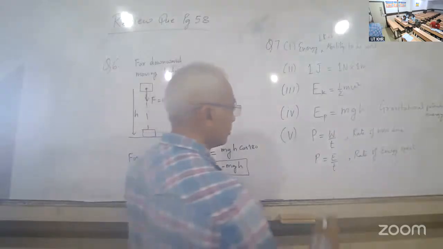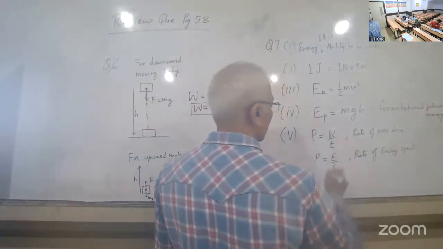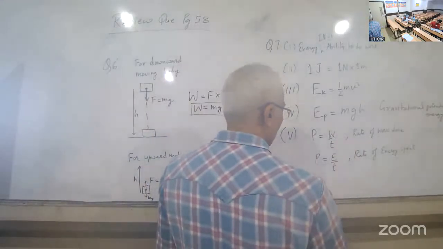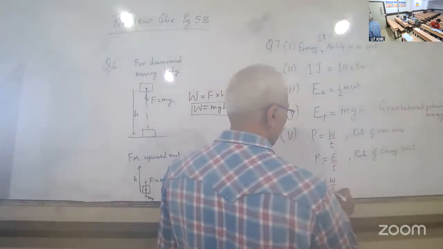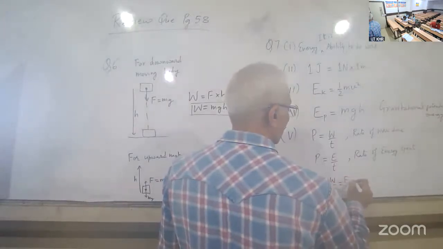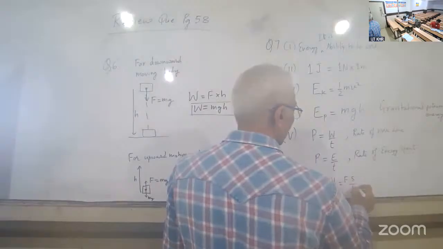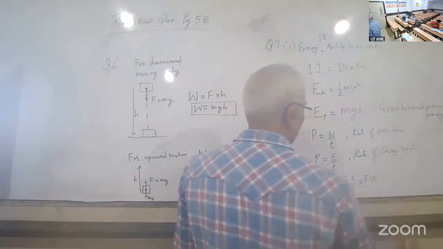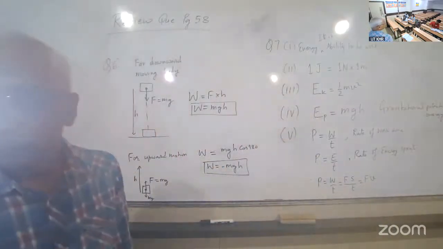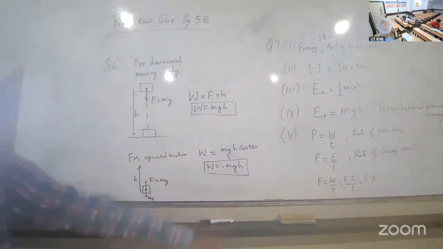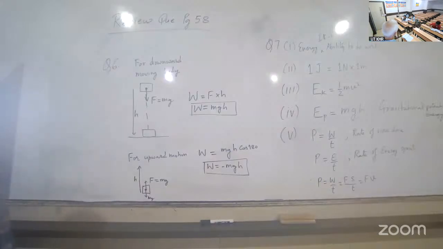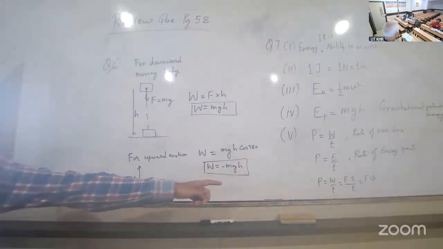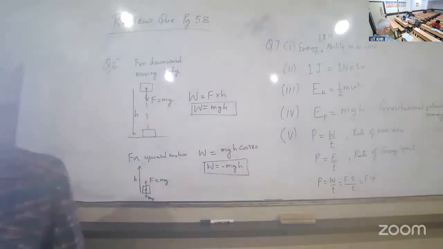Then it can also be written as, since power is equal to W by T, this is equal to force into displacement upon T. And displacement upon time is velocity. So this is also the formula for power in terms of force and velocity. So all these formulas are for power.